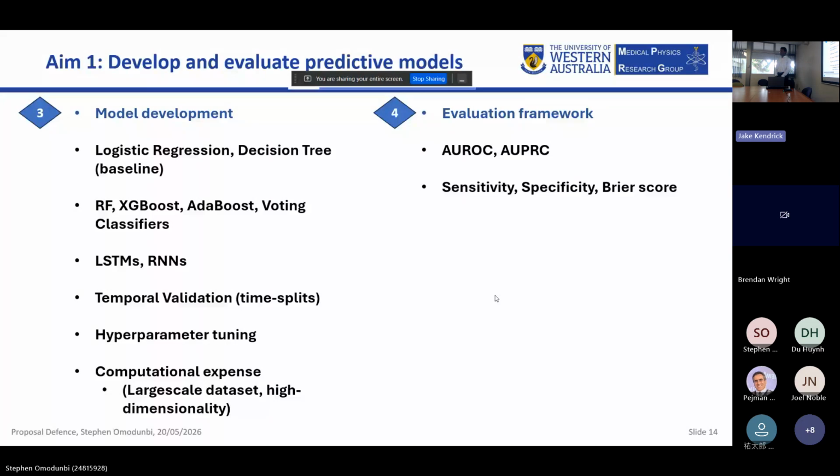Anything else? So Stephen, I just wanted to get your thoughts on how you would compare the AI models that you've trained. What sort of process do you think you would follow? For example, say that XGBoost is better than a random forest. Yeah, I think mainly the comparison would be through the evaluation framework, as well as assessing clinical usage and how stable and consistent the results are.